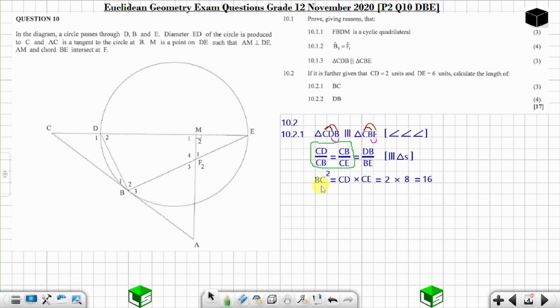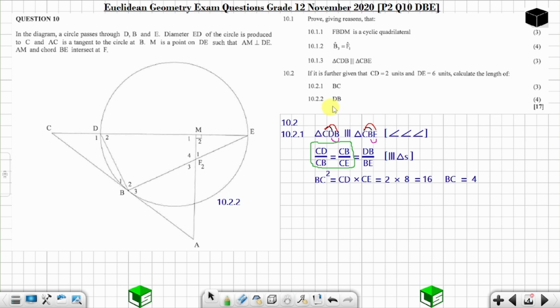So BC squared is equal to 16. You need BC. BC is equal to the square root of 16, which is 4. So we have BC.